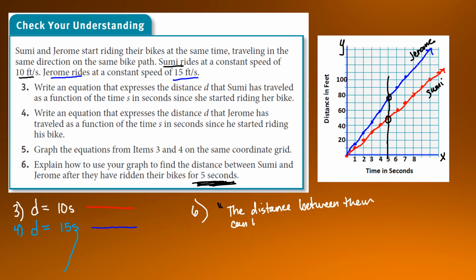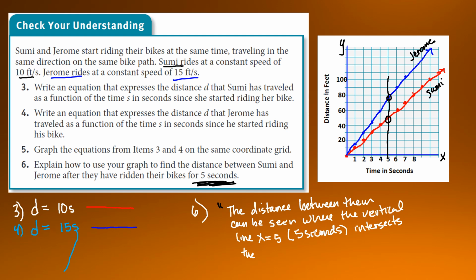can be seen where the vertical line at x equals 5, which stands for 5 seconds, intersects their two distance equations.